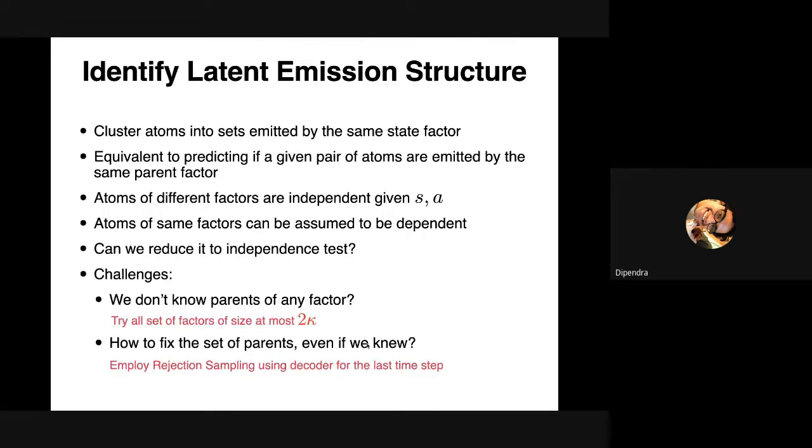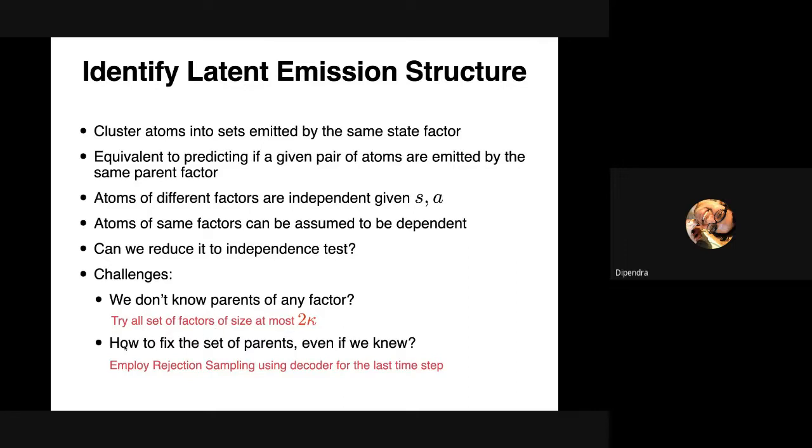Our solution to these two challenges is the following. Since we don't know the parents of any factor, we can iteratively try all sets of factors of size at most 2 kappa. Then we can rest assured that the parent factor would be in one of these combinations we try.